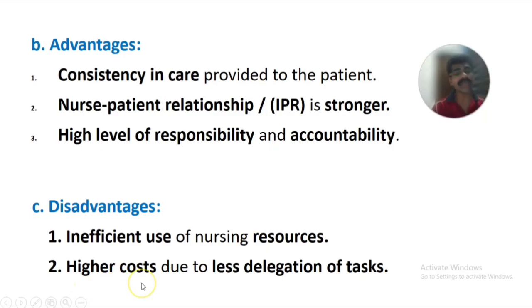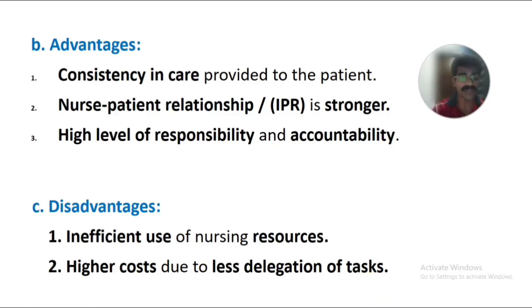Second one is higher cost due to less delegation of the task. So here the cost would be very high. If there are more patients, we need more nurses if we maintain a 1:1 ratio. So the expenditure for the hospital is very high. Higher cost due to the less delegation of the task, because a nurse sometimes is getting only a single person, not many persons.